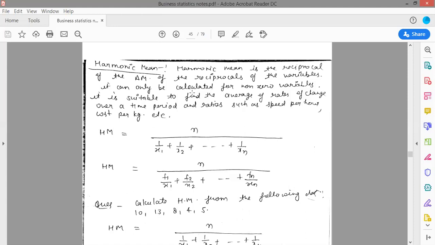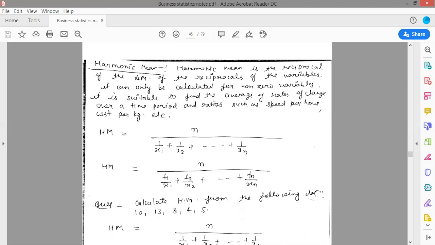That means, what is the meaning of this line? That means if we are finding the average or rates of any data, then we will convert our data into a smaller one, and whatever data we have will be equalized. So basically the main definition is, harmonic mean is the reciprocal of the arithmetic mean of the reciprocals of the variables.